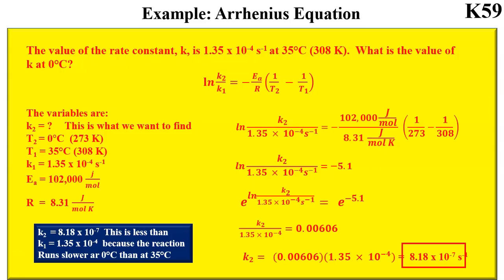And then you have T1 and T2. Now be sure you have them matched up properly. The T1 was 308, and the K for reaction 1 was 1.35 times 10 to the minus fourth. So you want to be sure that you have those properly.